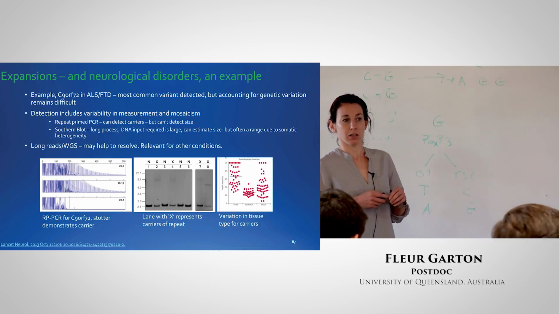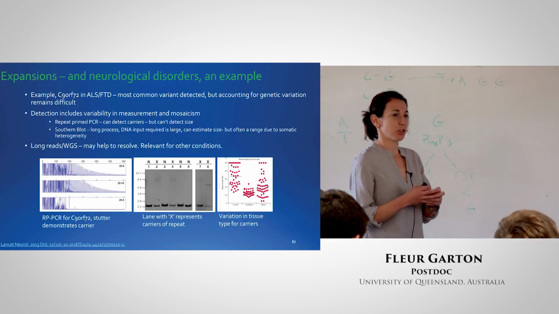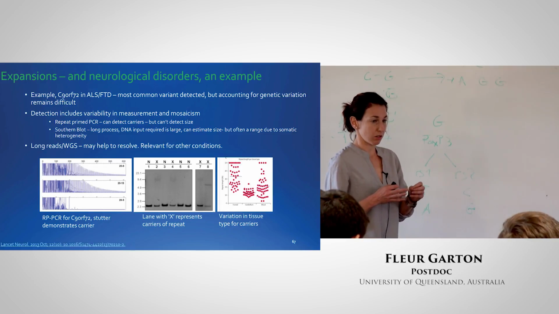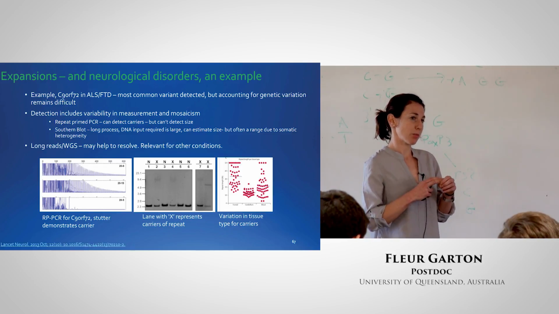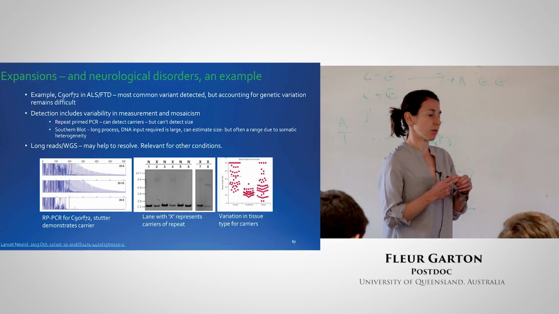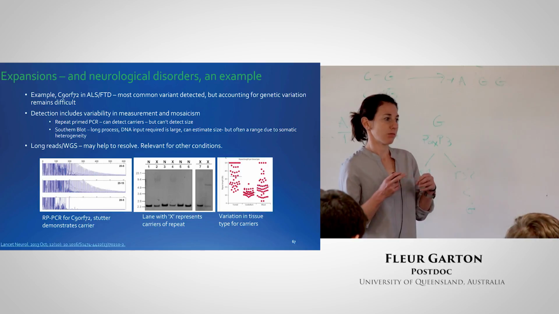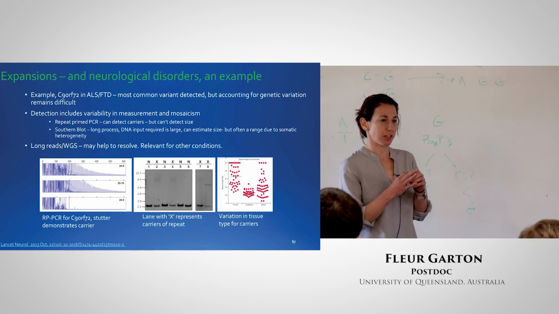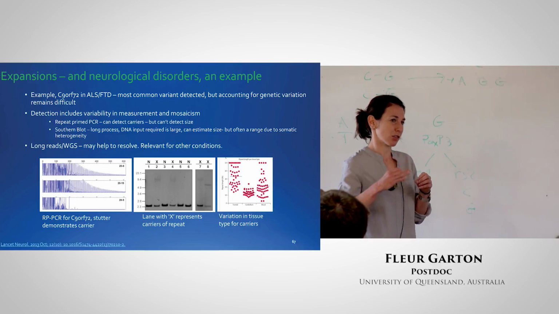I was wondering, why do you get different ranges in different tissues? So during mitosis, your DNA is replicated. And with these repeat regions, it's hard for the DNA replication machinery to deal with lots of repeats.